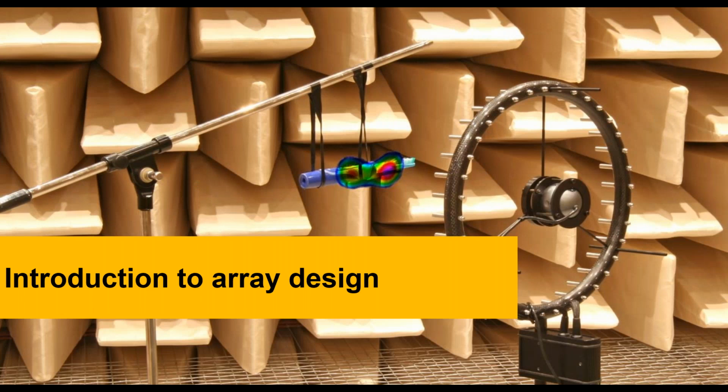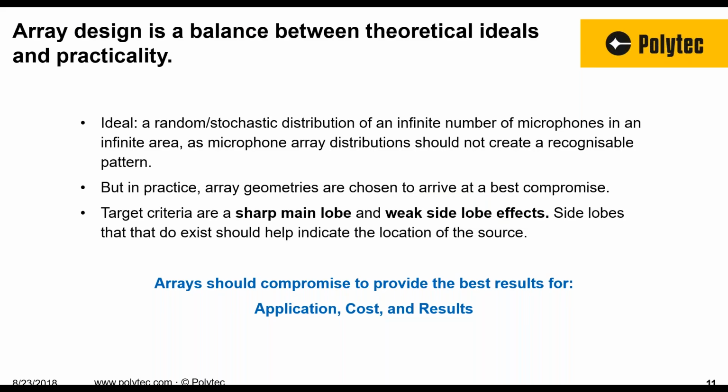An introduction to the array design. Ideally, you would have an ideal distribution of microphones: an infinite number of microphones randomly distributed. But in practicality, that could get expensive, as you can imagine, having an infinite number of microphones. So we have chosen different array designs as a best compromise for a particular application or ease of use.